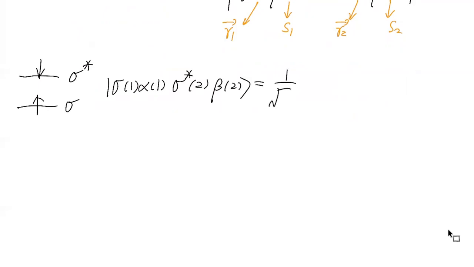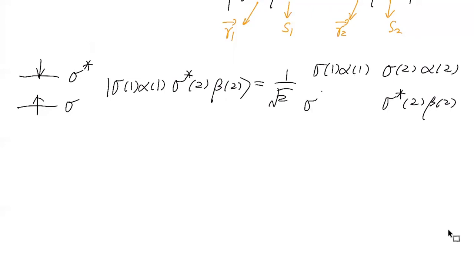This is 1 over square root of 2, sigma 1 alpha 1, sigma star 2 beta 2, and this is sigma 2 alpha 2, sigma star 1 beta 1. Okay. Now, of course, you can also write down, for instance, the Slater determinant for the ground state of the lithium atom. In this case, you will have 3 electrons, right? So you will have a 3 by 3 determinant. All right.